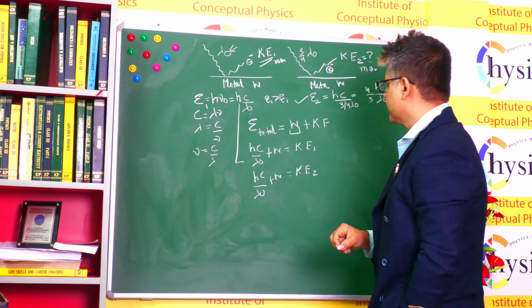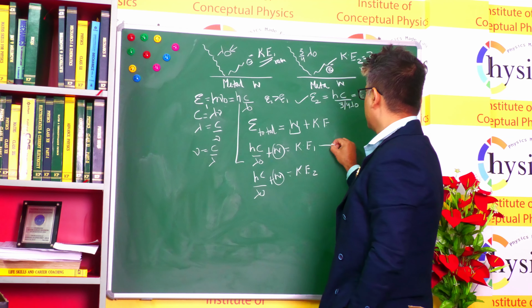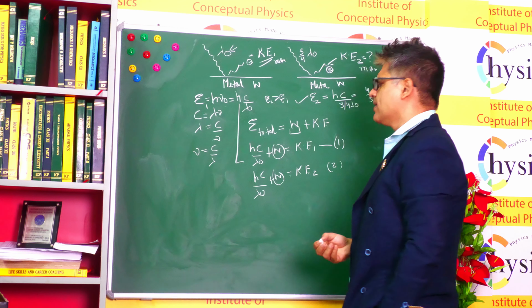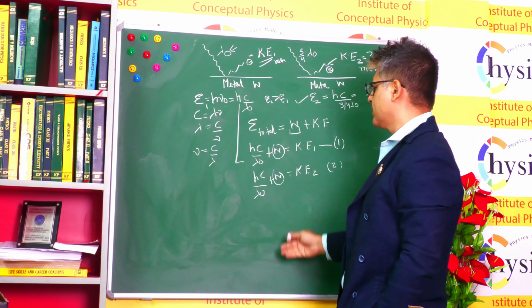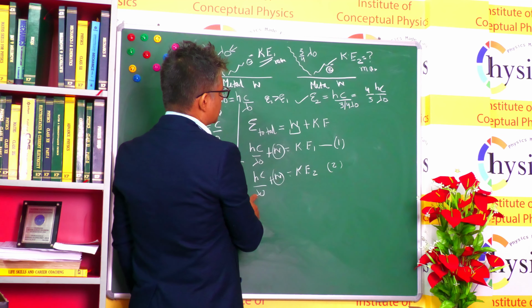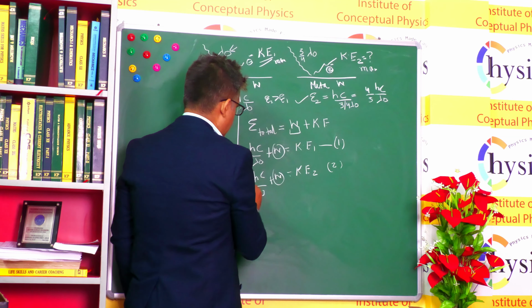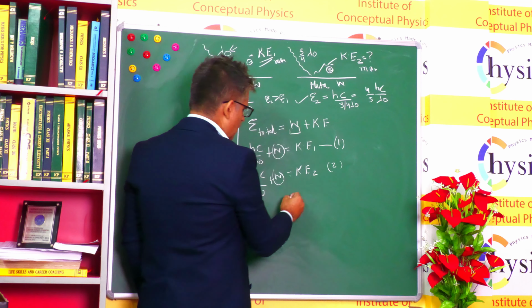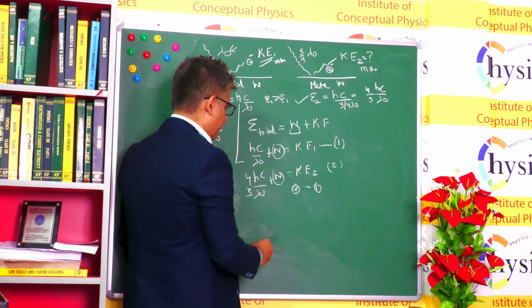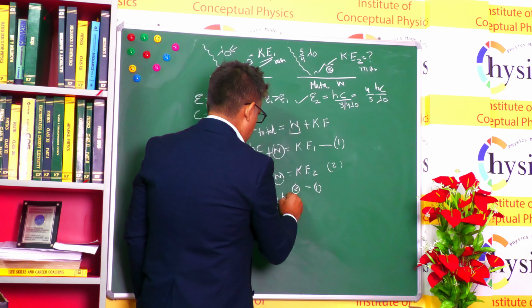Now as you can see, W is the only unknown, so let's write these as equations 1 and 2, and we can either do substitution or we can straightaway subtract these two. This is the bigger one, so I will do 2 minus 1.